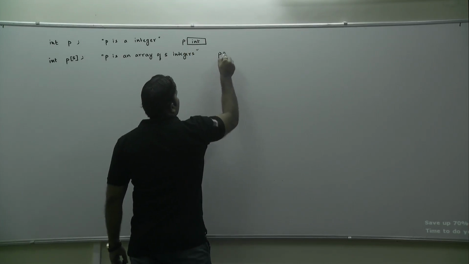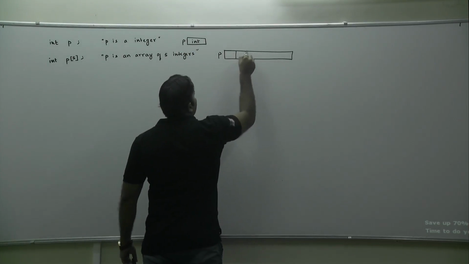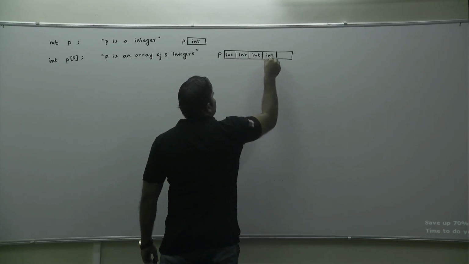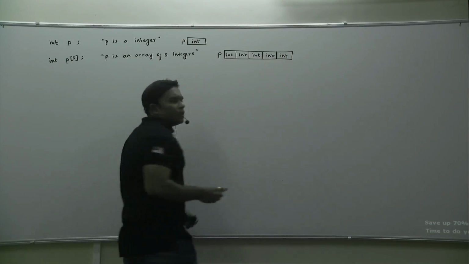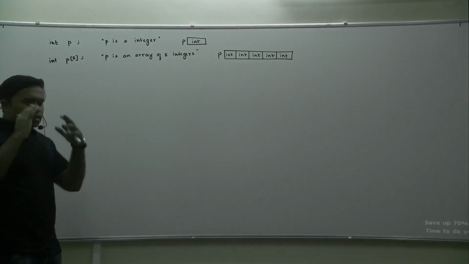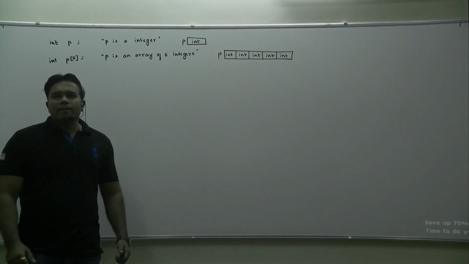See, p is an array of 5 integers. It makes sense. If you foolishly read this as int p of 5, what sense does it make? What diagram does it give you at the back of your mind?